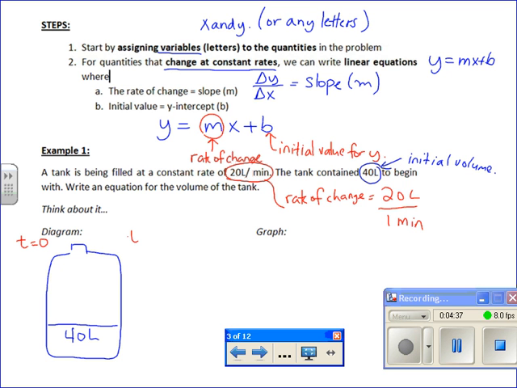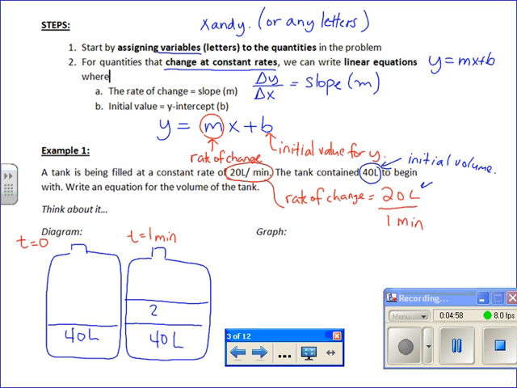At t equals 1 minute, so after 1 minute, what would be the volume of my tank? Well, I would have had the 40 liters that I started with, plus it would have gone up 20 liters. My rate of change every minute, I'm going up 20 liters. So I would have another 20 liters on top of that 40. In other words, after 1 minute, I would have 60 liters.